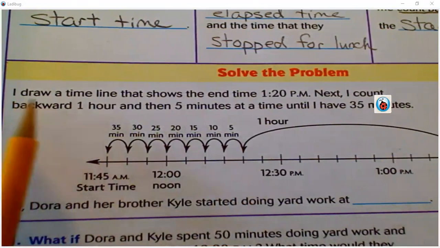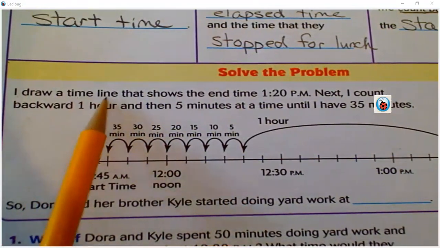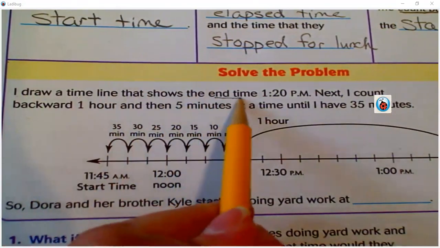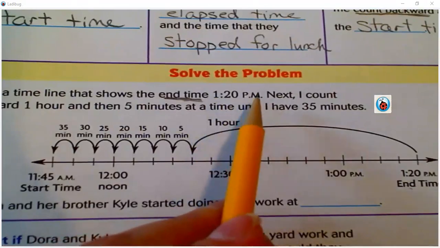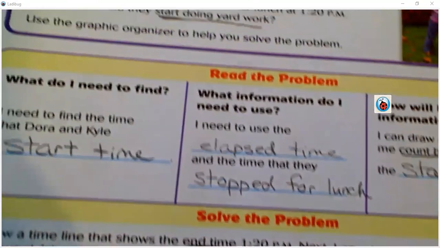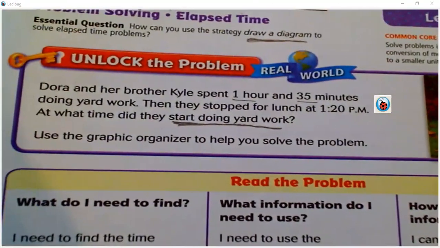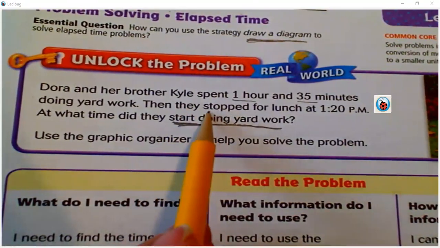So it says, to solve the problem, I draw a timeline that shows the end time as 1:20 p.m. Now don't forget, let's think about this one more time. They give us the stop time.